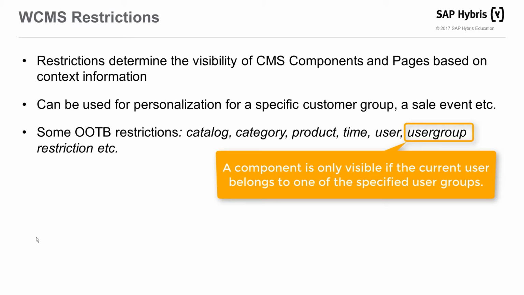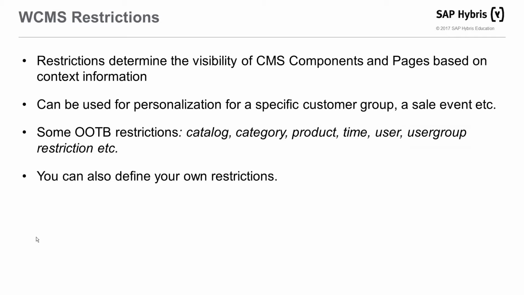A component or a page having a user group restriction is visible only if the current user on the front end is a member of one of the specified user groups. If not, the component will not be shown, the page will not be found. Other restrictions can also be created with some developer effort. Ask your developers to define the restrictions you need.